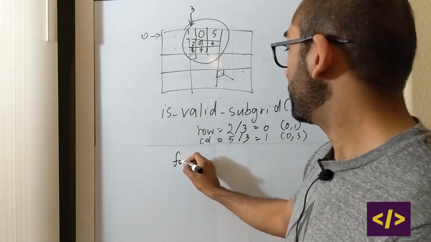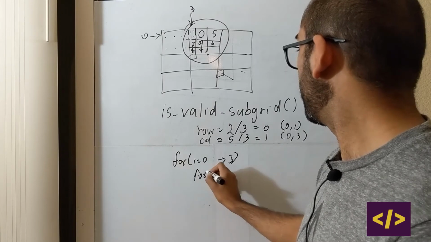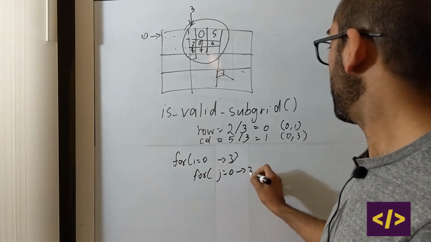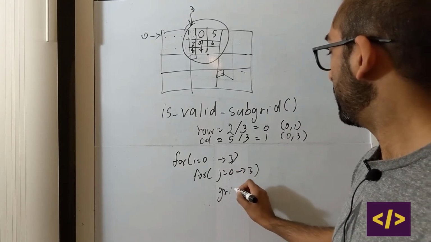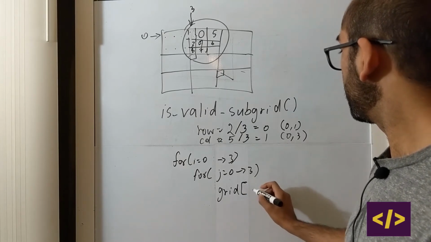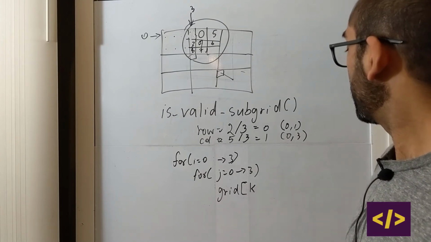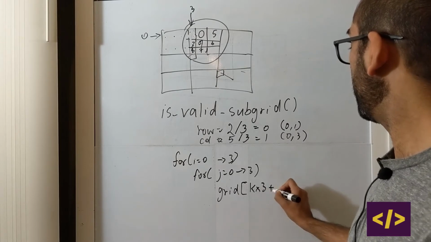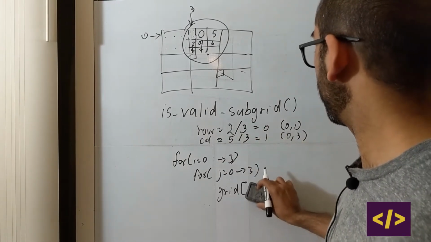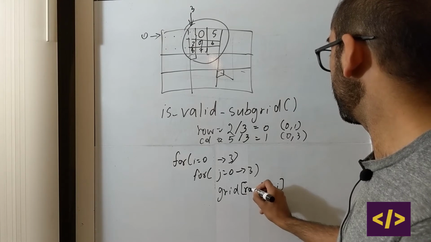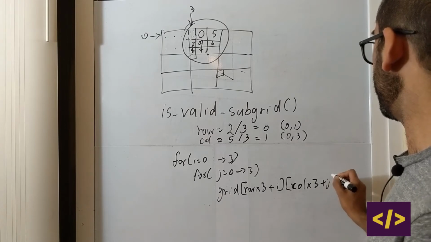So when you're doing a nested for loop, I equal to 0, 1, 2, j equal to 0, 1, 2, you're going to check the value of grid at row into 3 plus I, and column into 3 plus j.